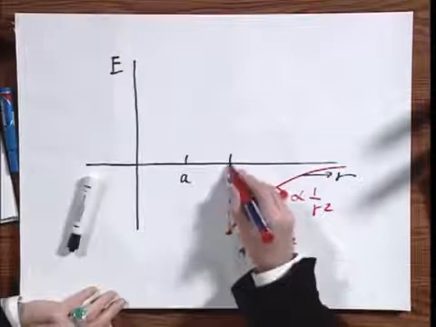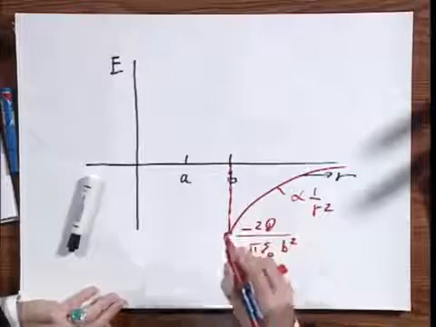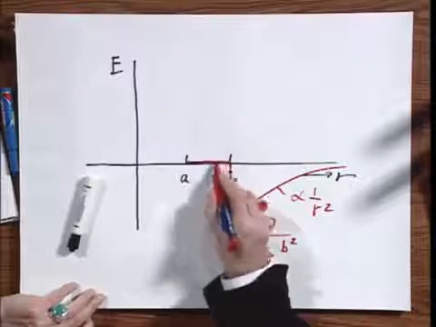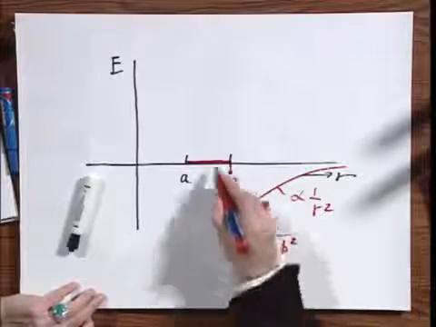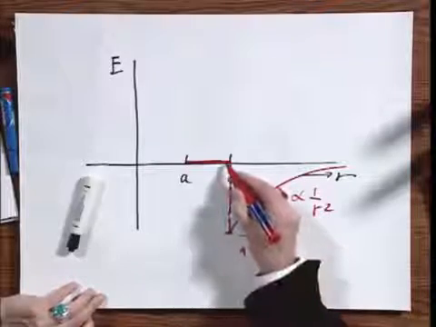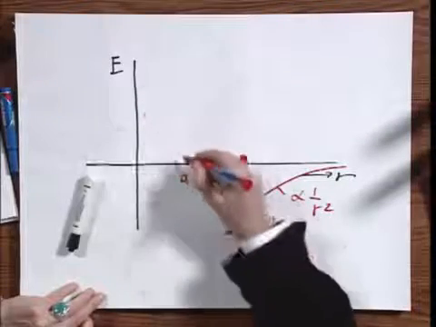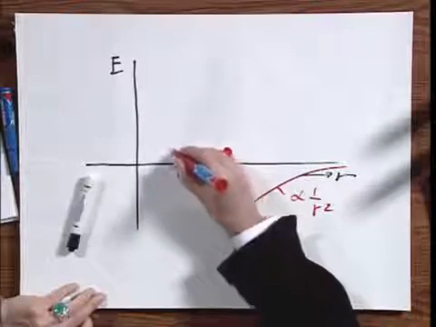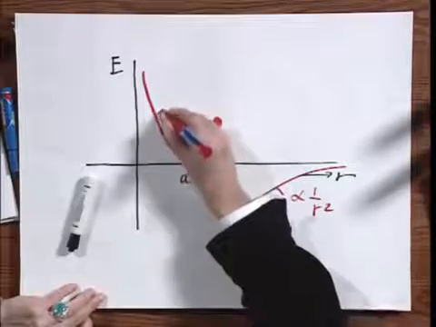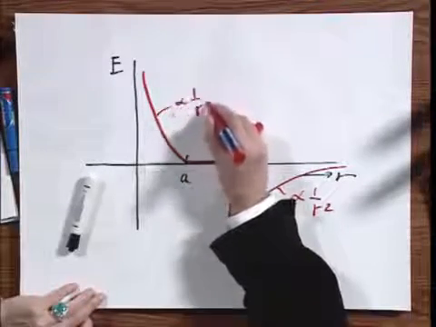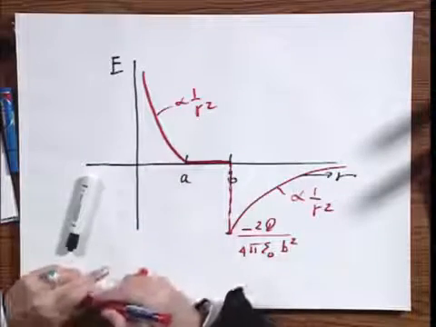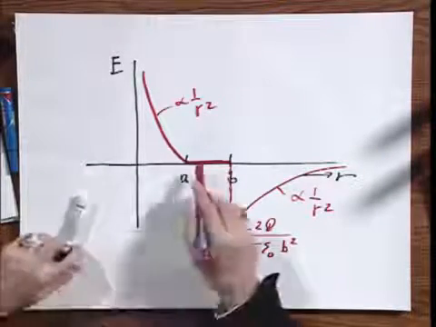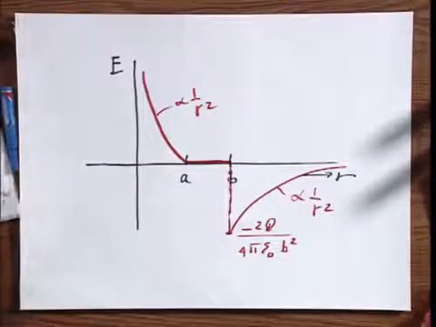Then inside the shell, inside the metal, there cannot be any E field, so it drops to 0. There's a discontinuity here. And then inside the cavity, it increases as 1 over r squared, and it goes to infinity for r equals 0.